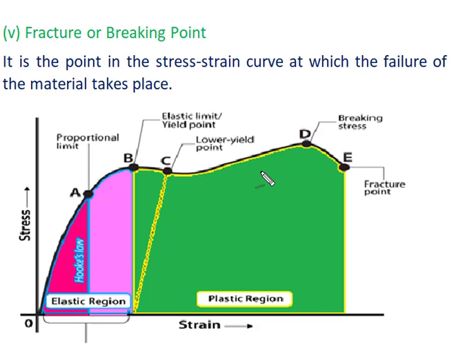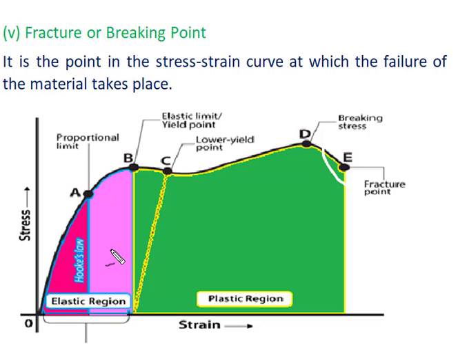Next is the fracture or break point, the point in the stress-strain curve at which the material breaks down. It loses its elastic property, so it becomes fully plastic, and then other materials like glass, etc.